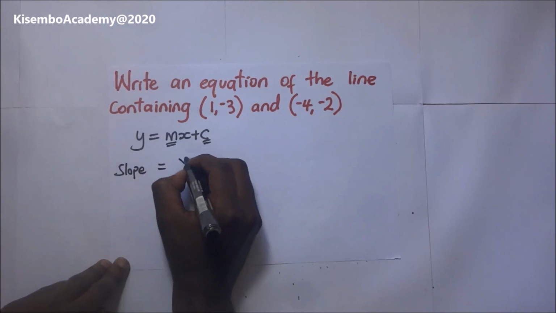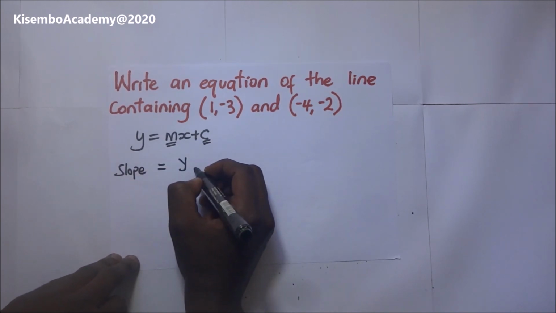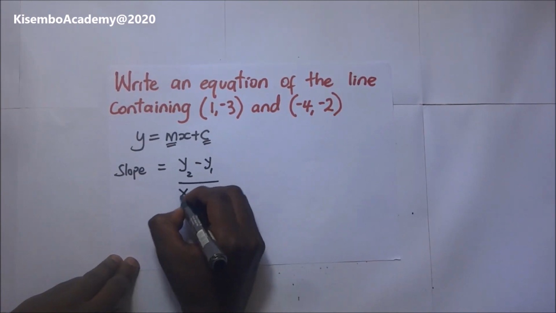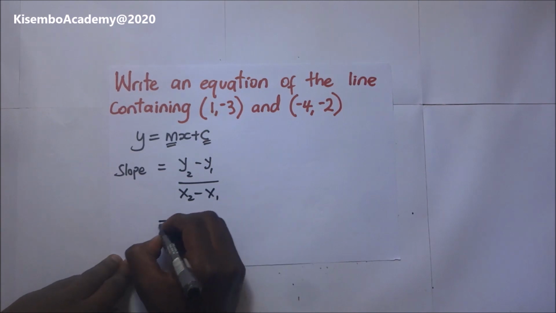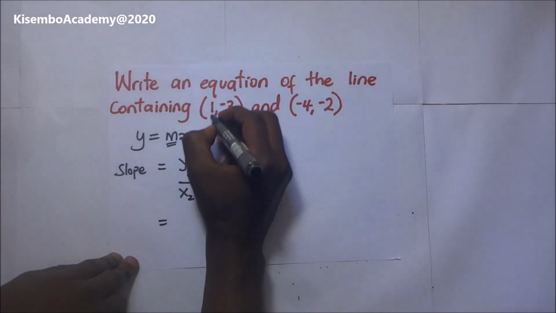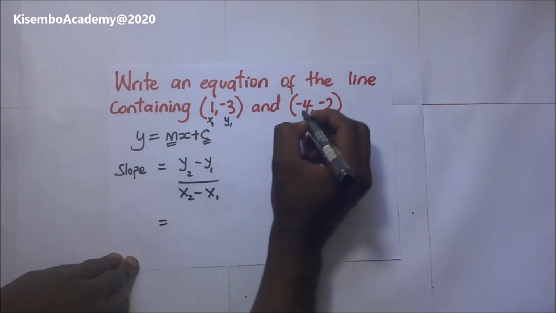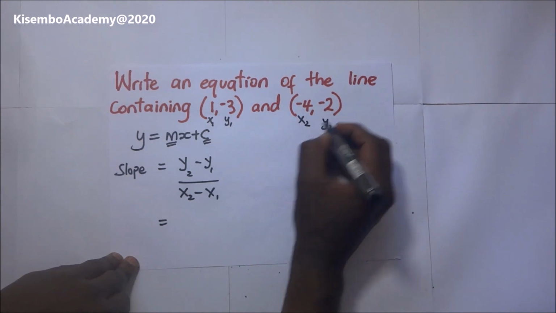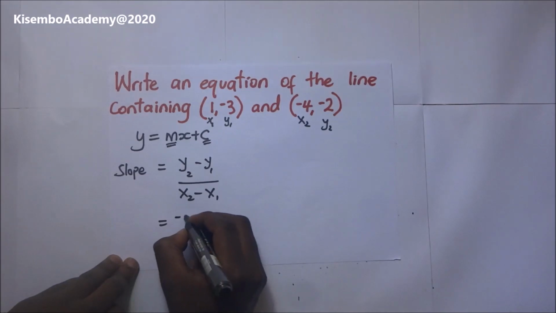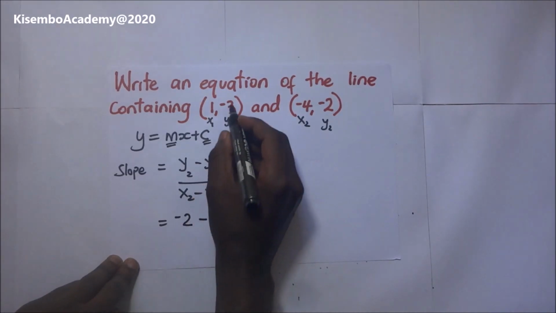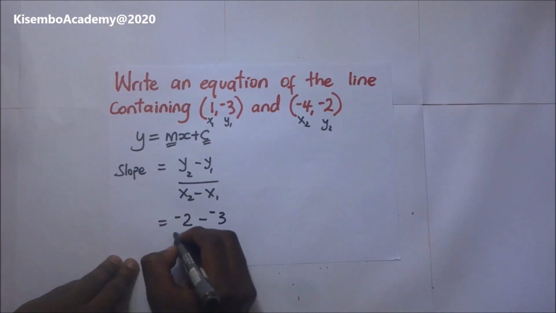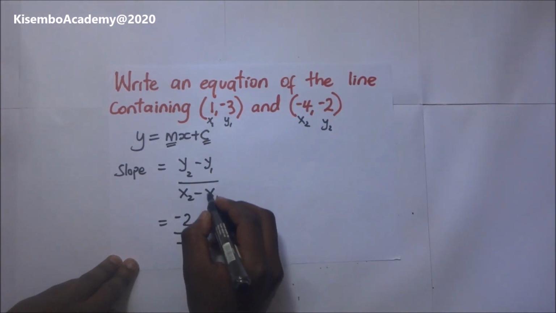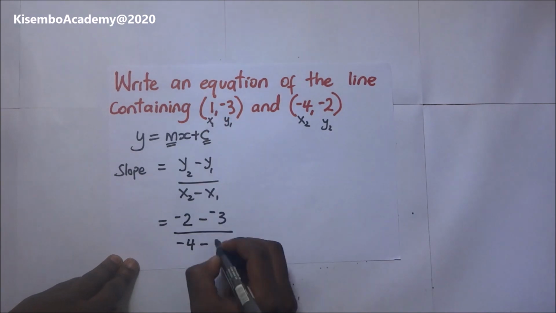The formula for finding the slope is (y2 minus y1) over (x2 minus x1). Let's call this our x1, y1, and this our x2, y2. So we have 2 minus -3, divided by x2, which is -4, minus x1, which is 1.